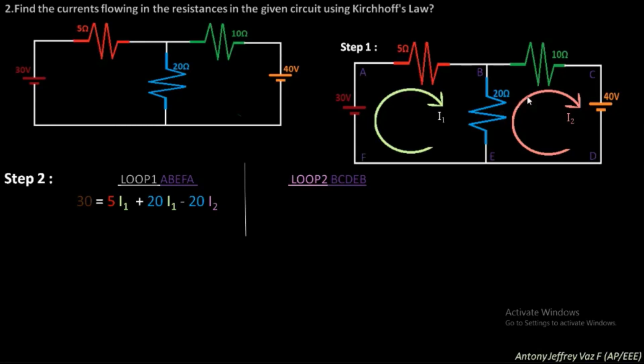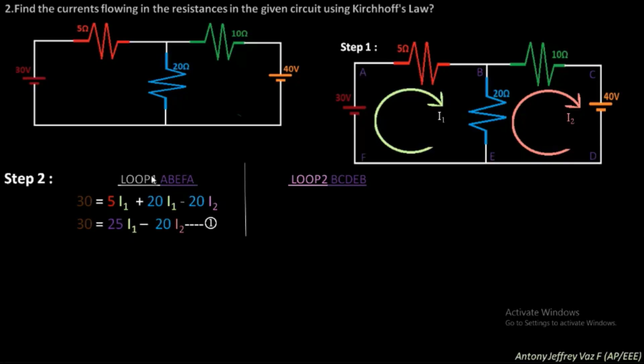And from B to E there are two currents flowing, I1 and I2. I1 is flowing in the direction of B to E, whereas I2 is flowing in the direction of E to B. So you need to subtract, minus 20 I2. This is the difference.